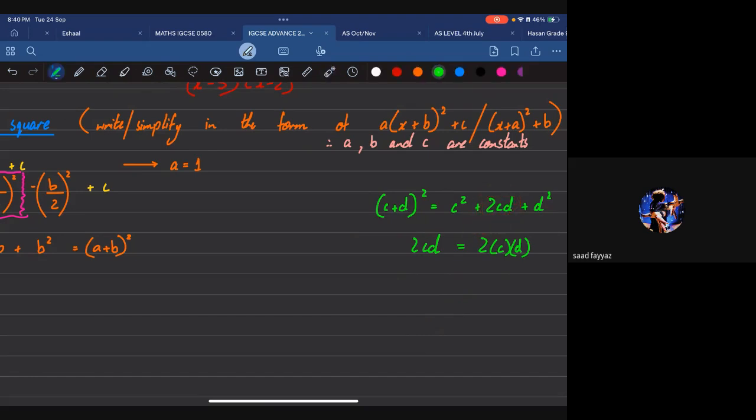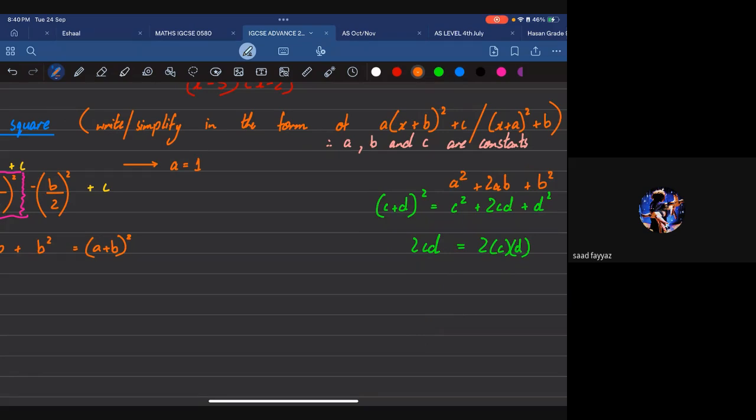And if I'm considering this as A, this is A square plus 2AB plus B squared. The reason I'm not using A and B is because it's getting a bit confusing. So 2CD is actually the value of 2 times A times B. So technically, 2 times C times D is equal to 2CD. Now, in order to find D, what should I do?